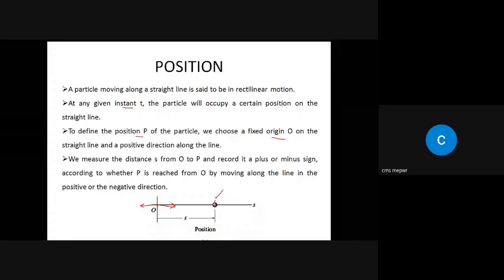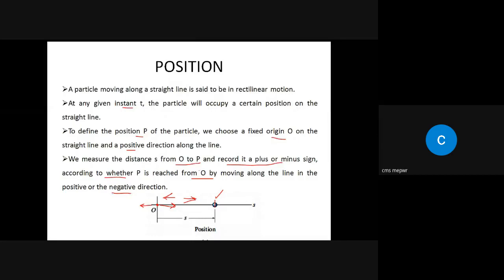We measure the distance from O to P and record it either as plus or minus according to whether P is reached from O by moving towards the right or towards the left. So if you find the position of P by moving towards the right from the origin, it will be positive. And if it is observed on the left side, then it will be negative.